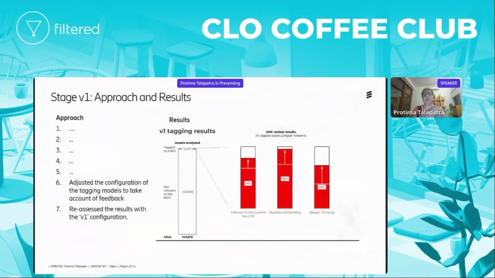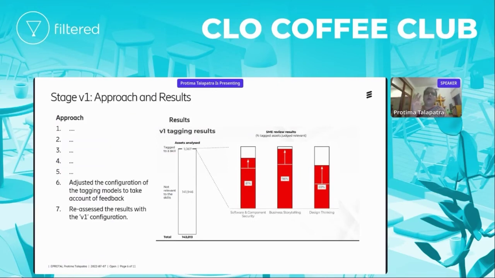With this, they did a version 1. They reconfigured their skills tagging and cast a net again, but now with the reconfigured skill tagging. They said, okay, we need to ensure that these things don't fall into this. Once again, whatever inputs we received were shared back with our subject matter experts.